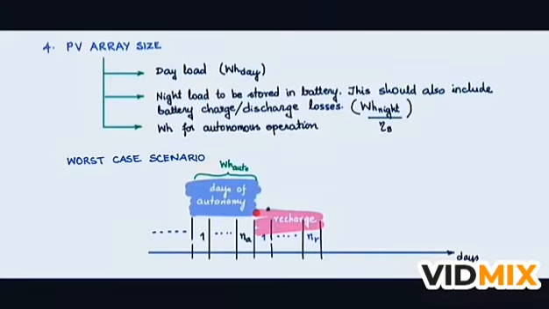So what is generally done is, whatever energy is lost, WH auto, we will try to recuperate it spread over a few days, and that is NR, the number of recharge days. So on each day the PV array has to supply an extra amount of WH auto by NR. So this it has to do for NR number of days, then all this energy lost would have been recuperated.